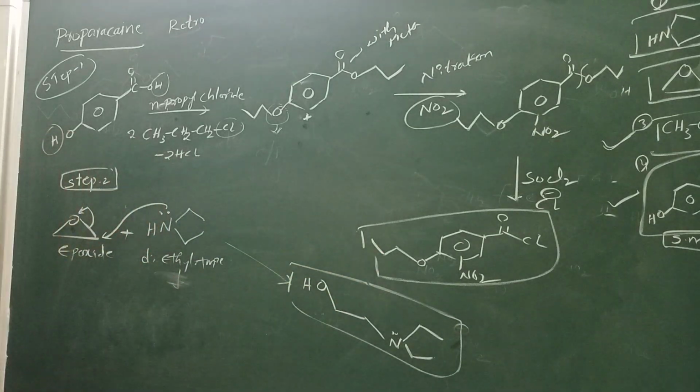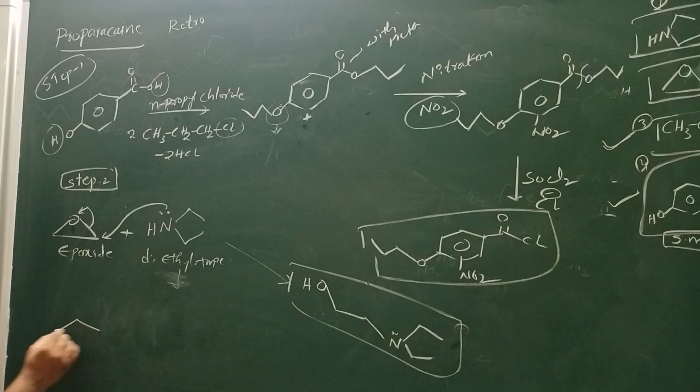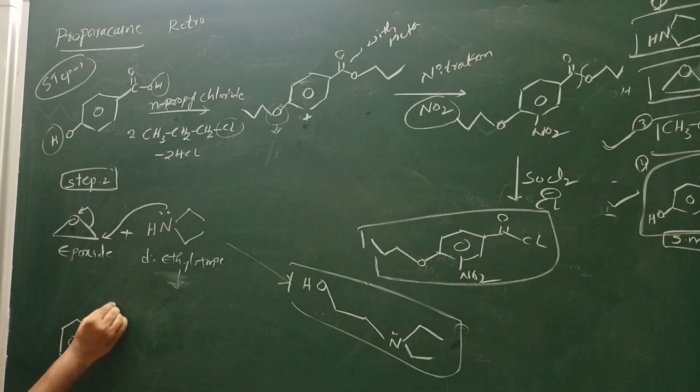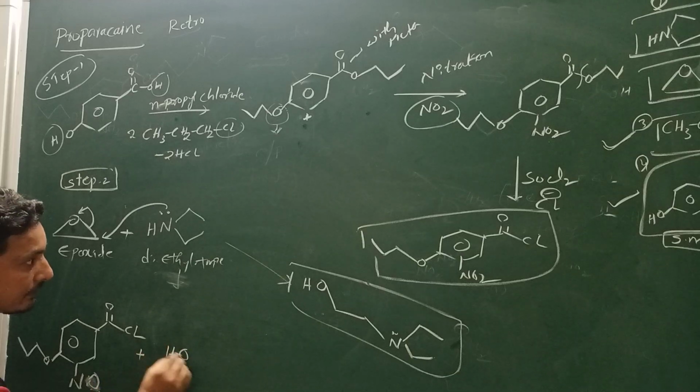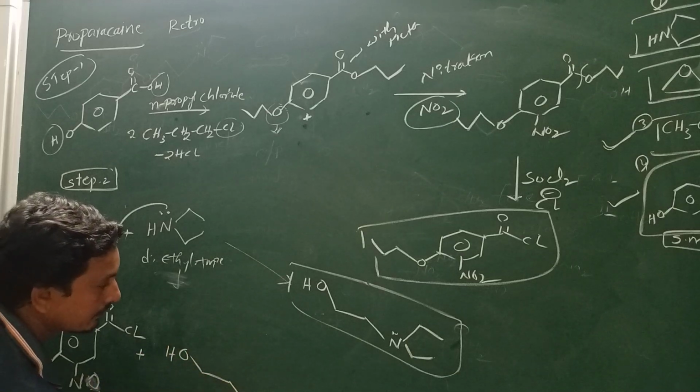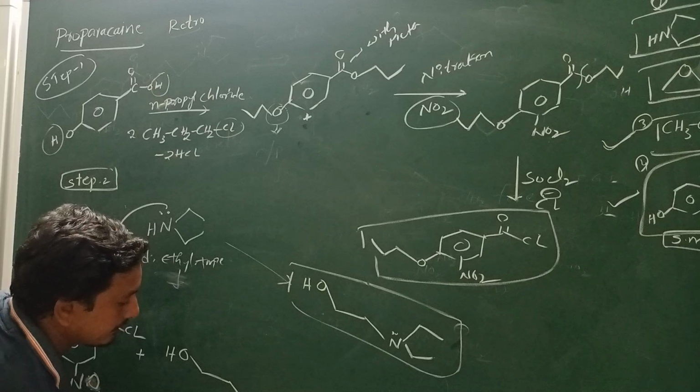Okay, I will write like this. In step 1, the molecule is C double bond O, Cl, NO2, not NH2, O, plus the OH, nitrogen like this.